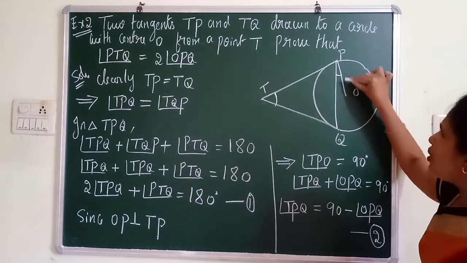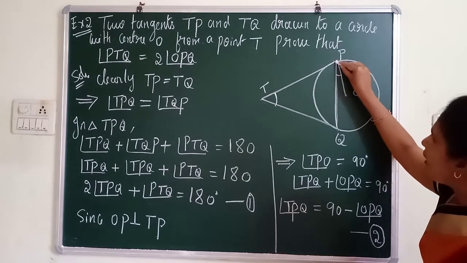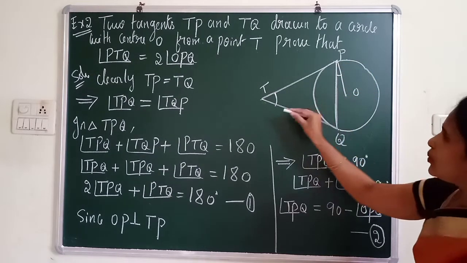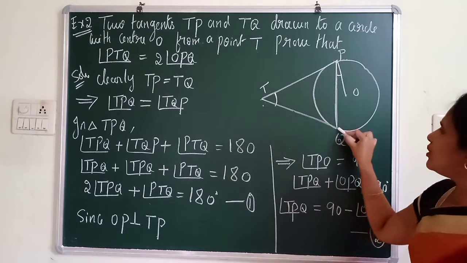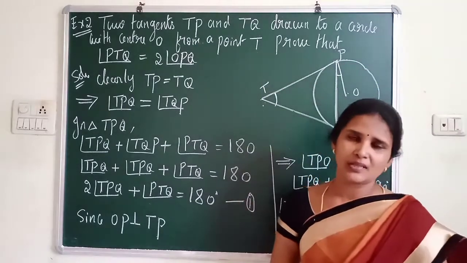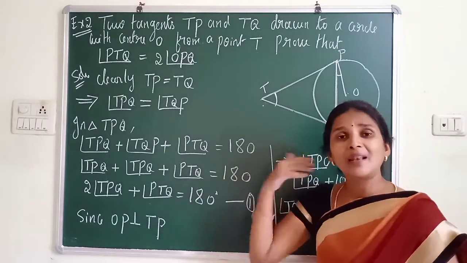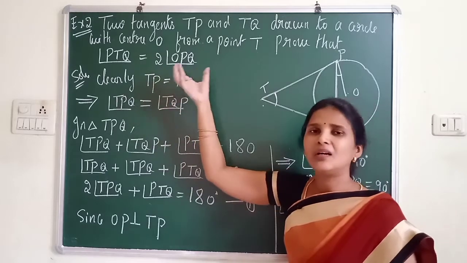That's why I had to join PQ, because we need angle OPQ. So I have to prove that PTQ equals 2 times OPQ. For these types of questions, don't memorize the proof by heart, but just connect whatever I want in the answer.